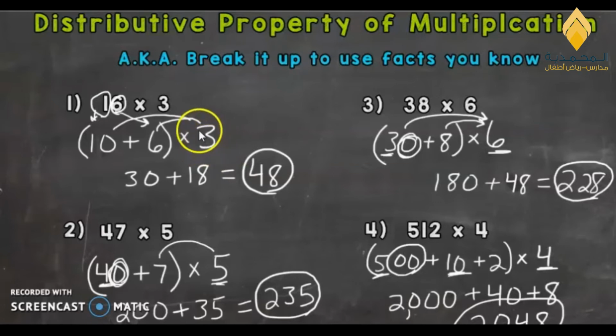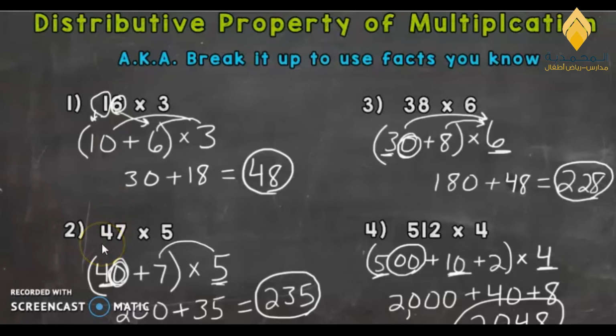The second step is to multiply 3 by these two numbers. 3 times 10 equals 30, plus 3 times 6 equals 18. Then add the two numbers together. 30 plus 18 equals 48. So this is the distributive property of multiplication.